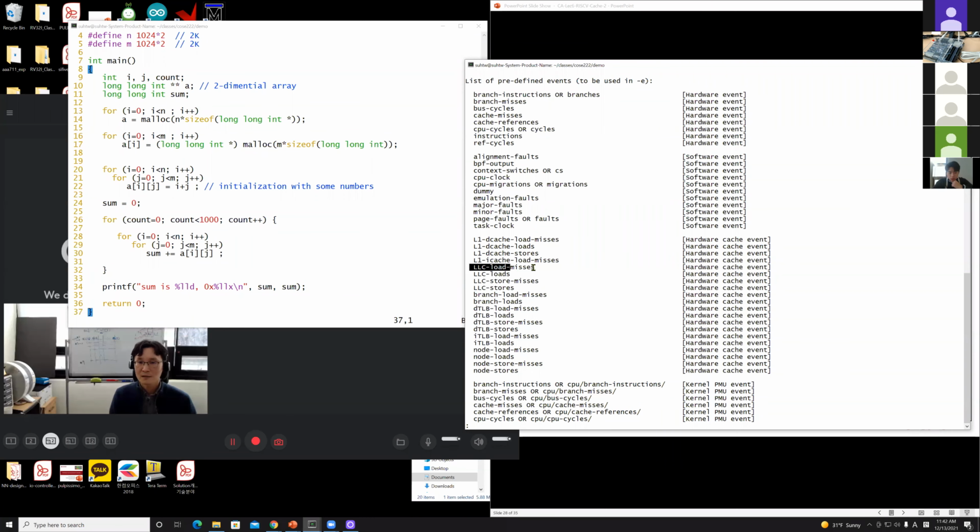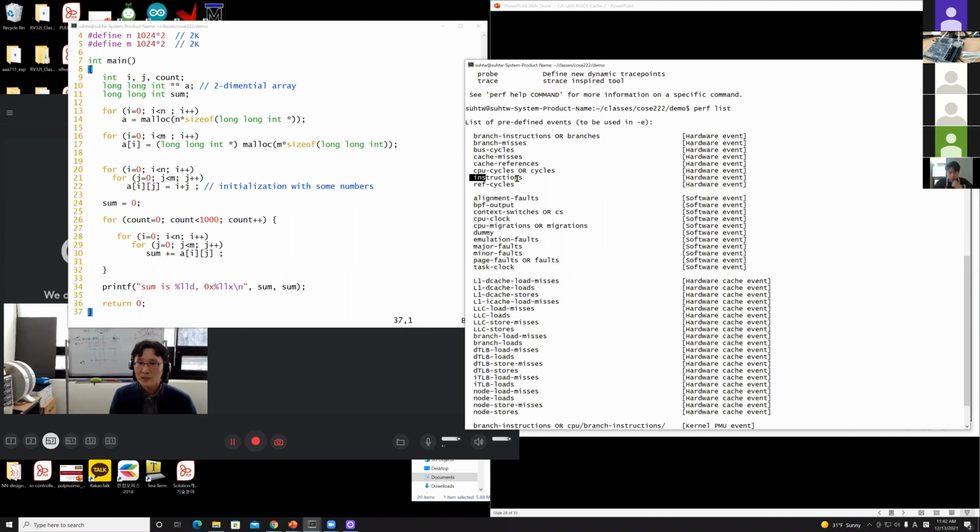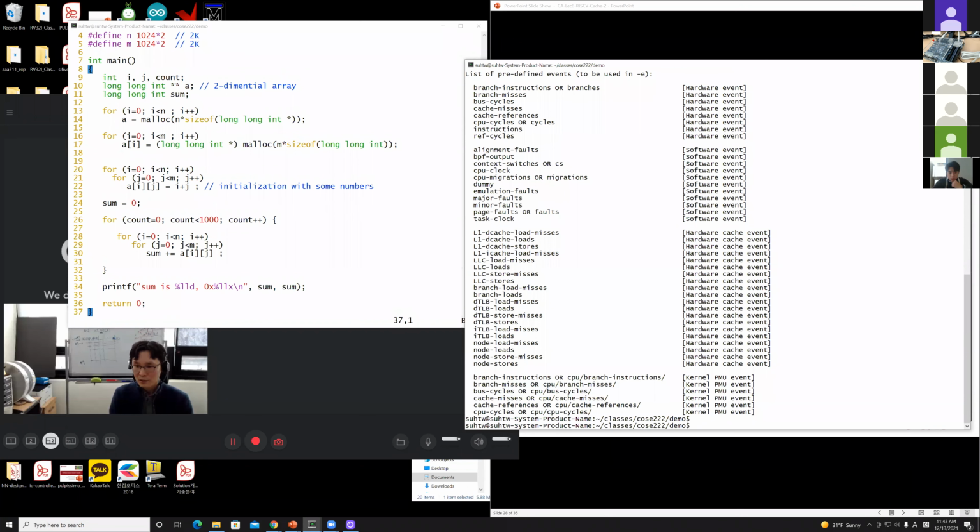You can also measure how many instructions were executed to run the program and how many clock cycles were used. It can report many useful pieces of information. The command looks like this. I found it from my shell history. Okay, this one.